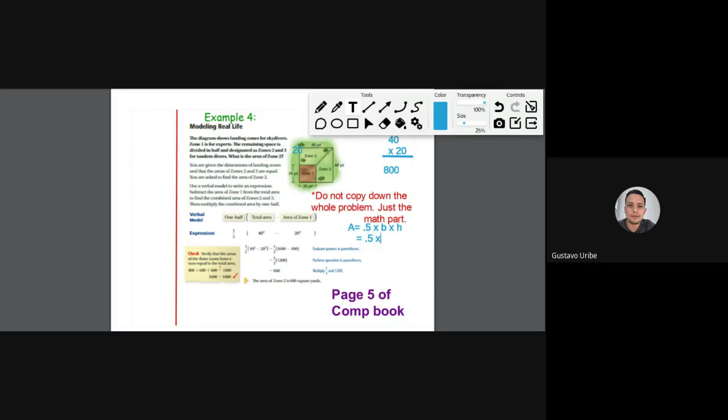You can use either 1/2 or 0.5. The base of this triangle is 20, because if this one is 20, then this is 20 and this one is 20 right here. The height is also 20, because this space right here gives me 20.